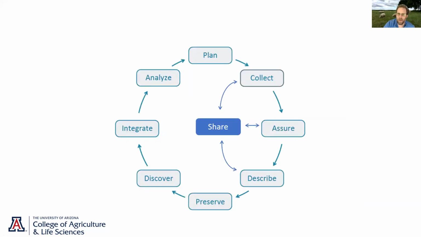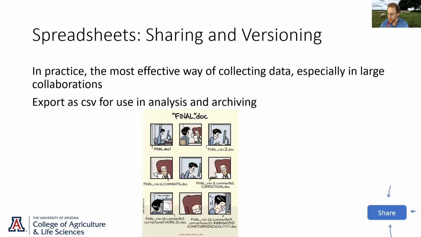Okay, so now I'm going to talk a little bit about methods of sharing data. As I mentioned, I'm going to focus on spreadsheets, sharing and versioning them. In practice, it's the most effective way of not just collecting data but conversing about it.